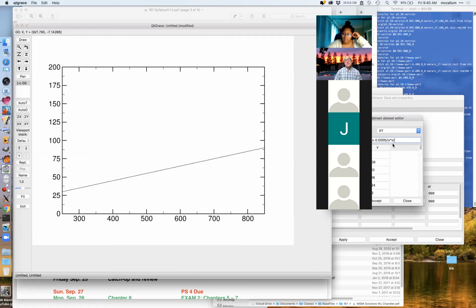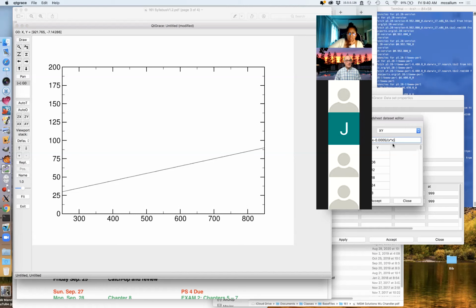So this is how you do it. You're not actually doing anything super interesting using Grace, but it's kind of an additional skill. And remember that using a plot, you could calculate the area under this curve by weighing it, right? You could do that.